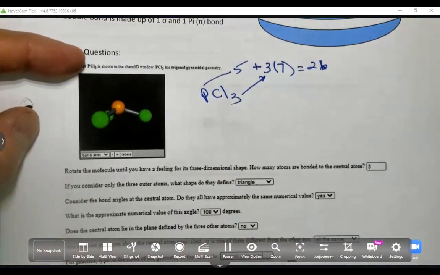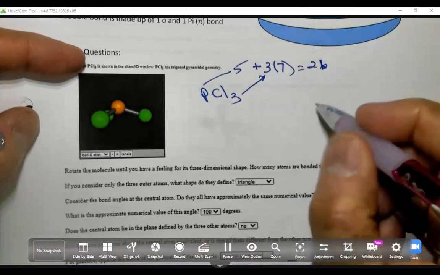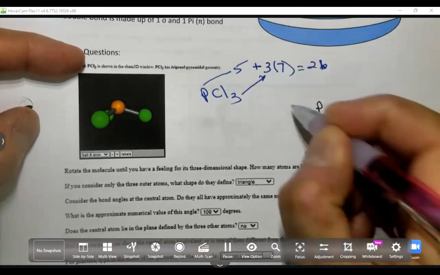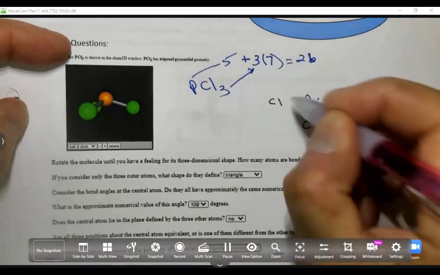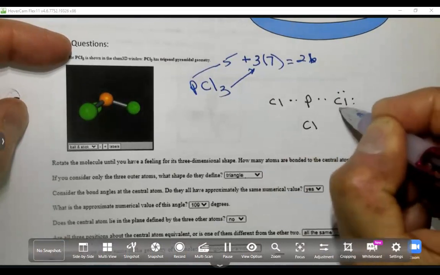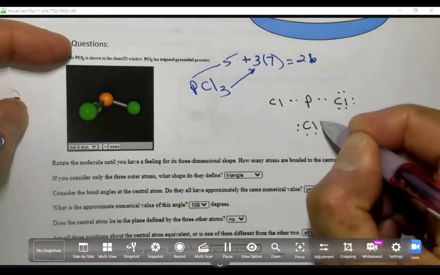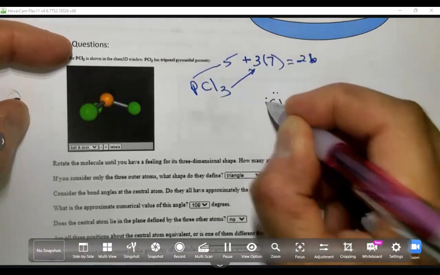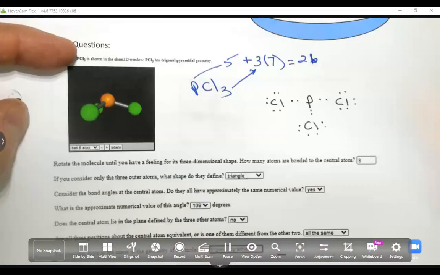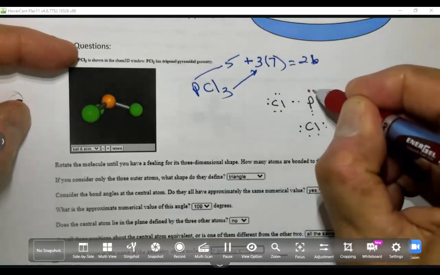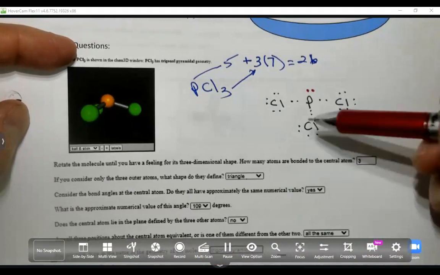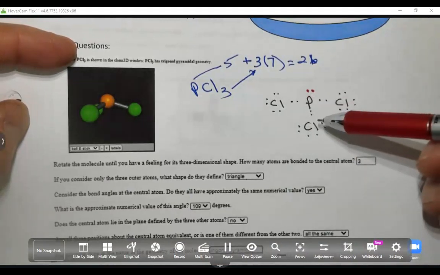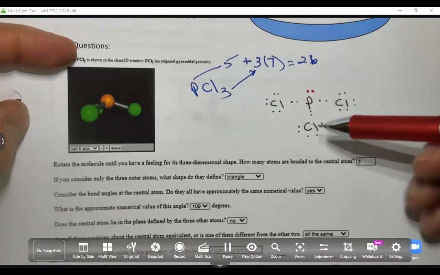But I'm hoping you know what this looks like here. I'm hoping on the test, it takes you about just as much time as I just did to draw this thing out, right? I'm hoping.